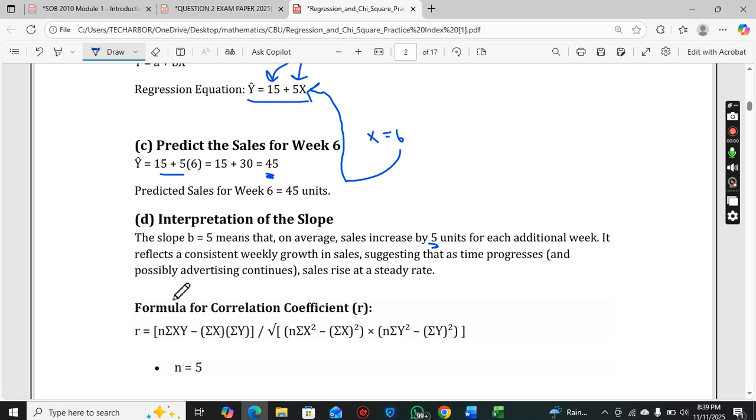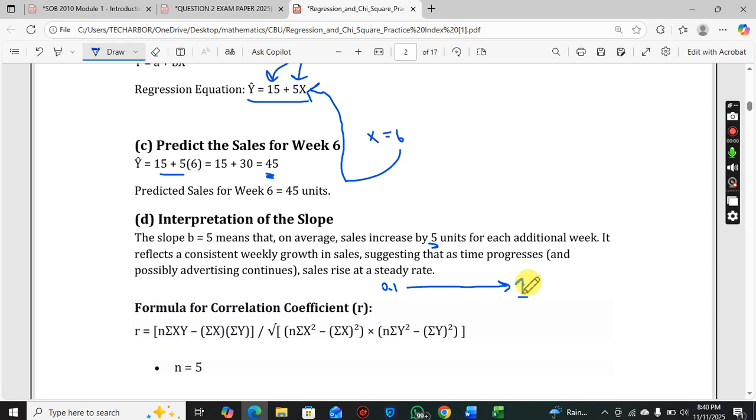Next, the correlation coefficient. This is just measuring how strong this relationship is. The closer you are to 1, the stronger the relationship. Think of it as from 0 to 1, either negative or positive.